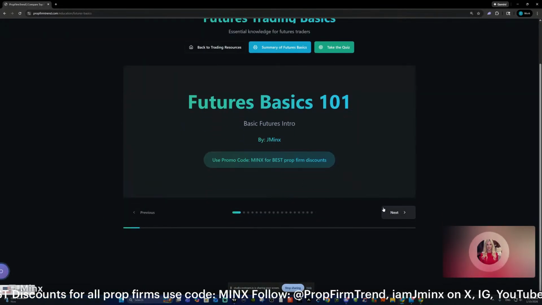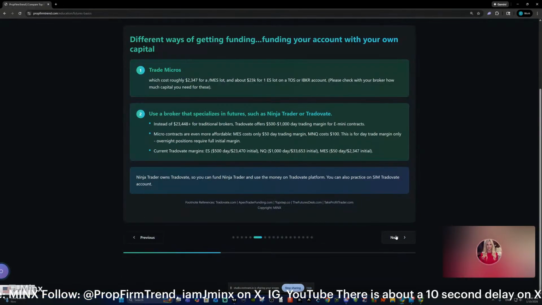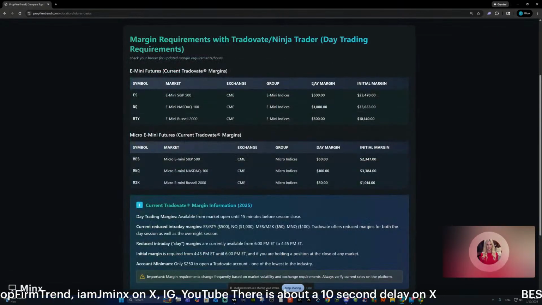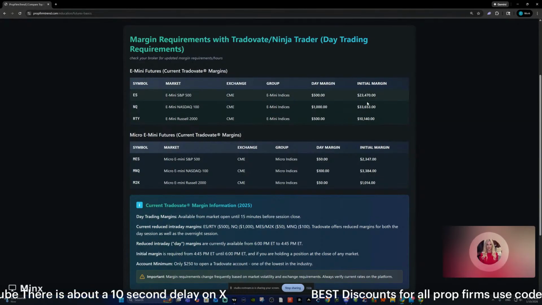So remember I talked about the day margin and initial margin. So if you want to swing, you can.